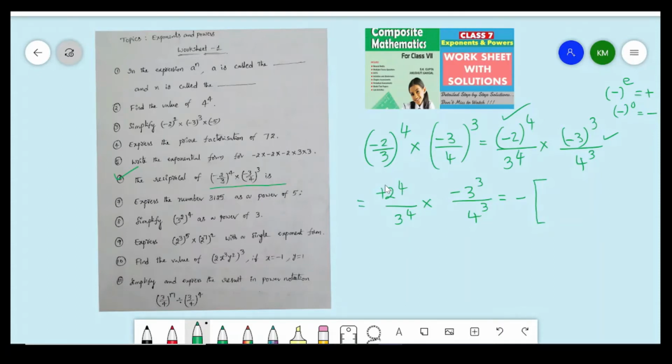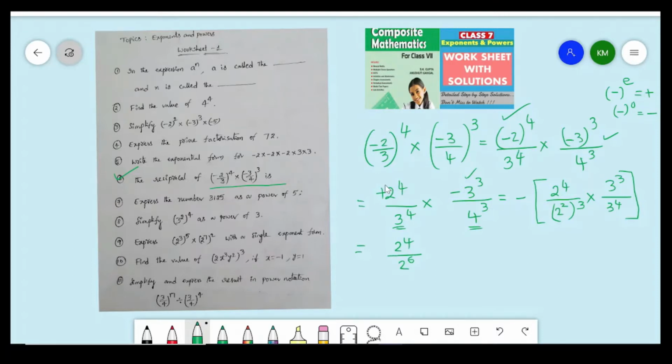Now I am just further simplifying it. 2 power 4 divided by this 4, which can be written as 2 power 2 and whole power 3, multiplied by 3 power 3 as it is, and again in the denominator there is 3 power 4. This is a further simplification. Observe very carefully. 2 power 4 divided by 2 power 6.